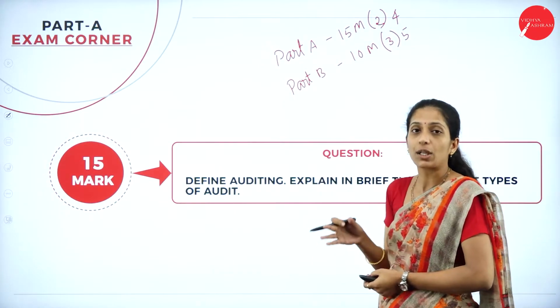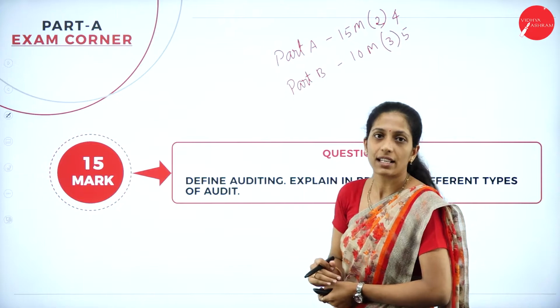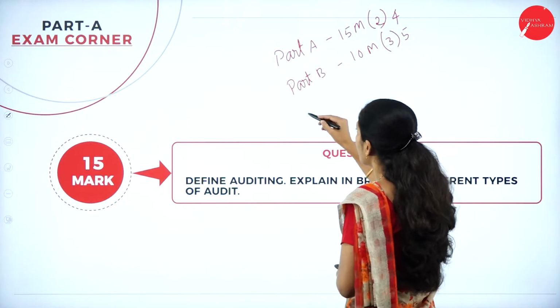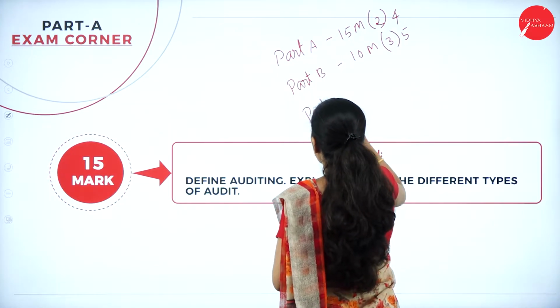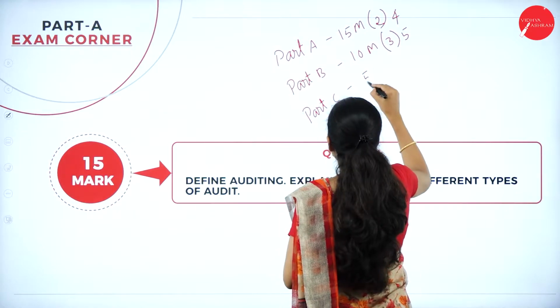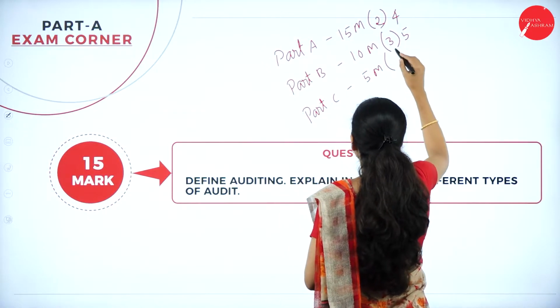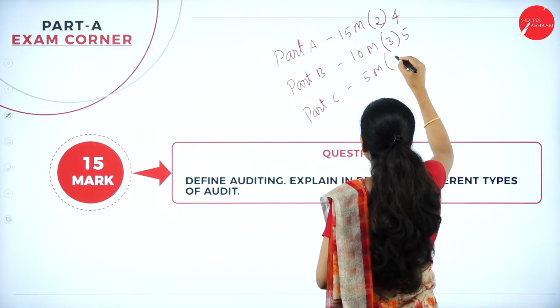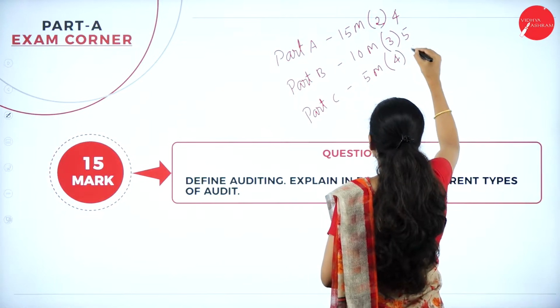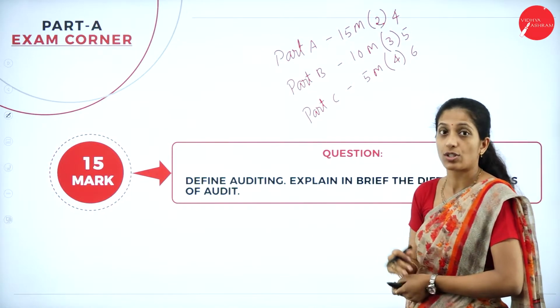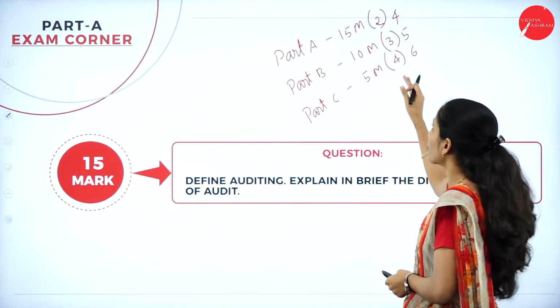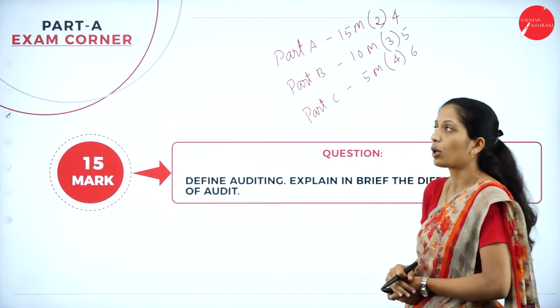So out of 5 questions, you have to answer any 3 of the questions. Next, under part C, that is for 5 marks, where you have to answer 4 questions and they will give you 6 questions. So out of 6 questions, you have to answer any of the 4 questions.